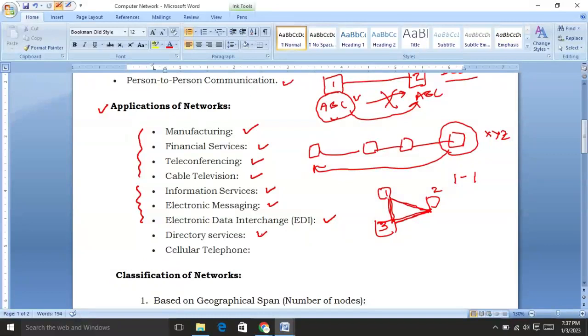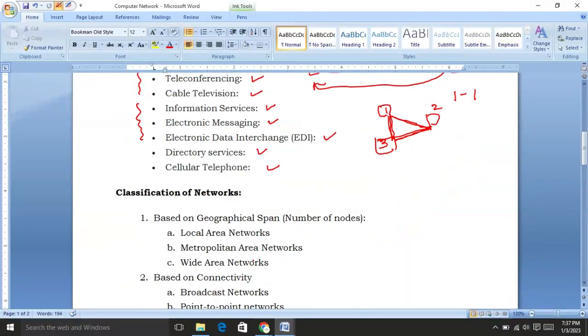We get some other services and cellular telephone. The cellular telephone actually belongs to wireless networks. Even that is also a part of the network. So everywhere today, networks are part of our life.